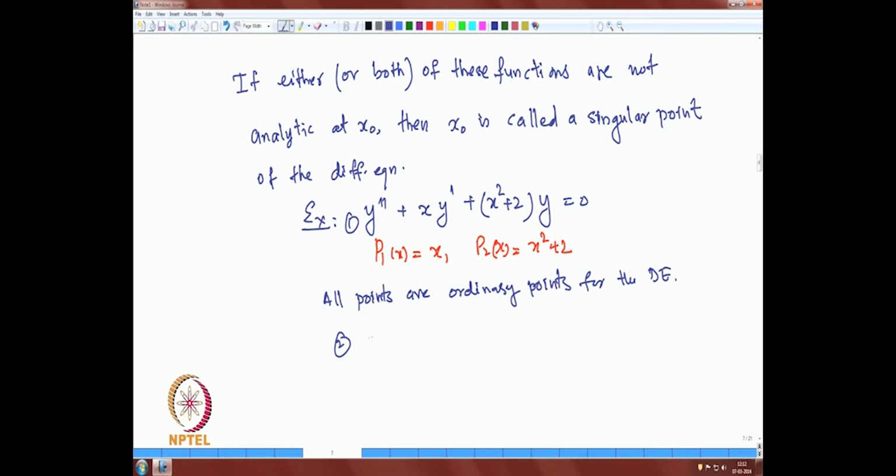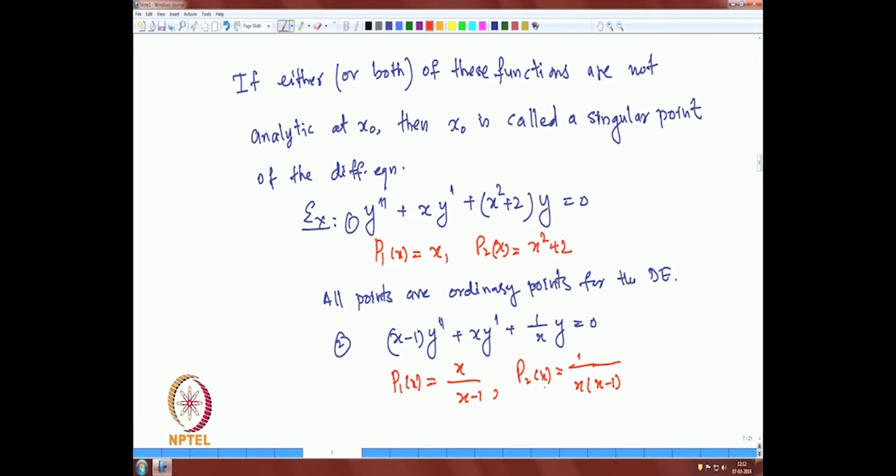And if we consider another differential equation, (x minus 1) y double prime plus x y prime plus 1 upon x y is equal to 0. So, here p1(x) is x upon (x minus 1) and p2(x) is 1 by x into (x minus 1). So, p1 is analytic for all points except at 1.